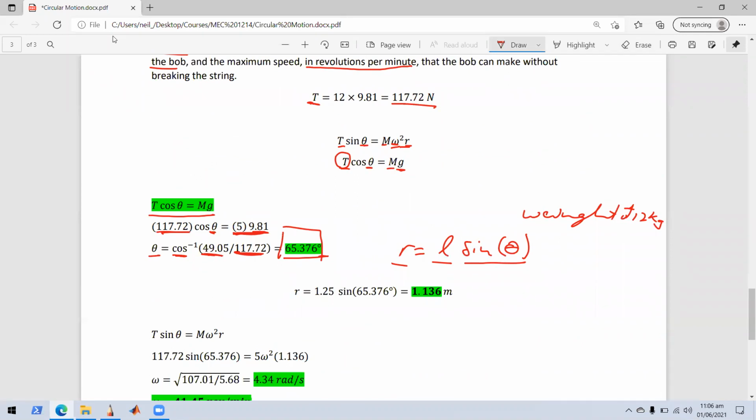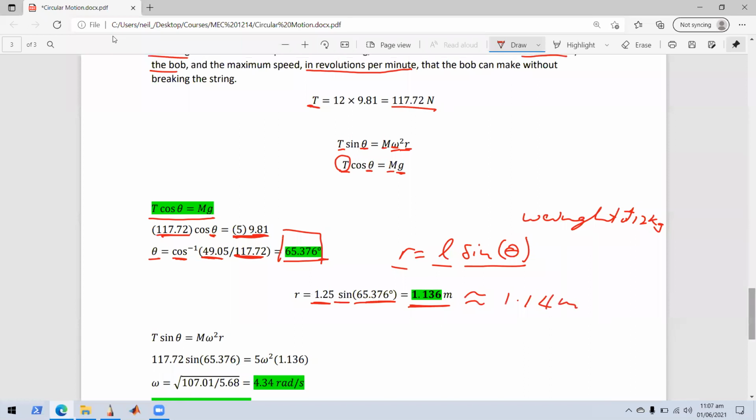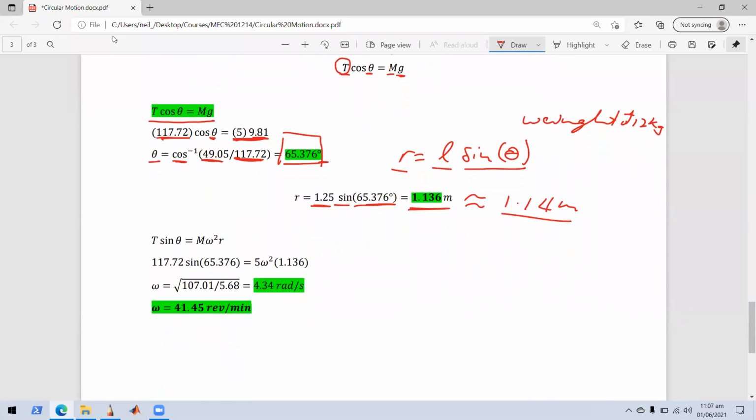So therefore r is equal to 1.25 sine theta. Theta we just found as 65.376. Again, plug this into a calculator. R is equal to 1.136 meters, or approximately 1.14 meters.